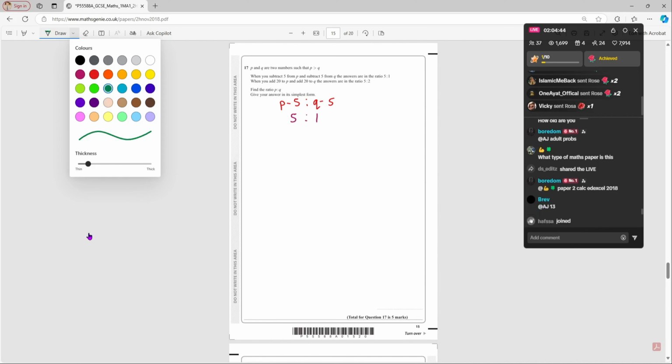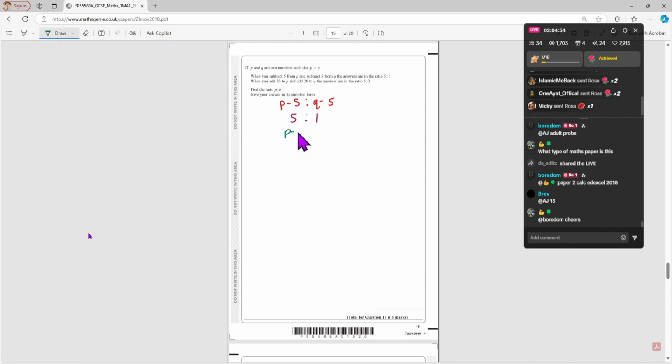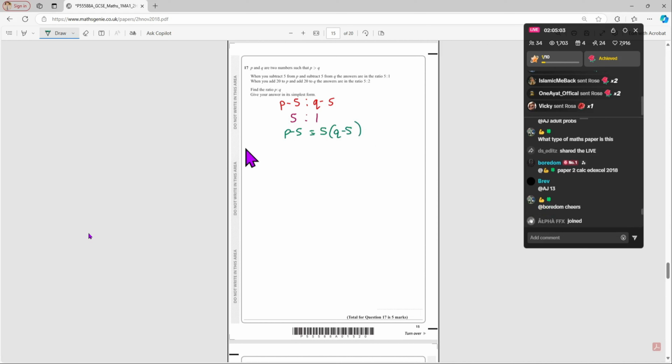The way we write it as an equation, we just cross multiply it. So we have P minus 5 is equal to 5 times Q minus 5. So basically we wrote that as an equation.